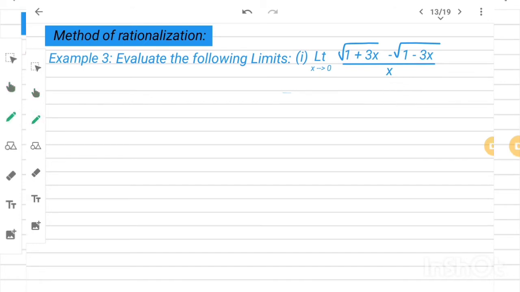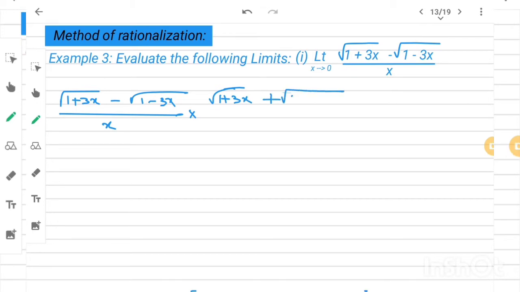So take the whole function together: root of 1 plus 3x minus root of 1 minus 3x whole divided by x, and I am going to multiply and divide by a single term, that is root of 1 plus 3x plus root of 1 minus 3x, whole divided by root of 1 plus 3x plus root of 1 minus 3x.